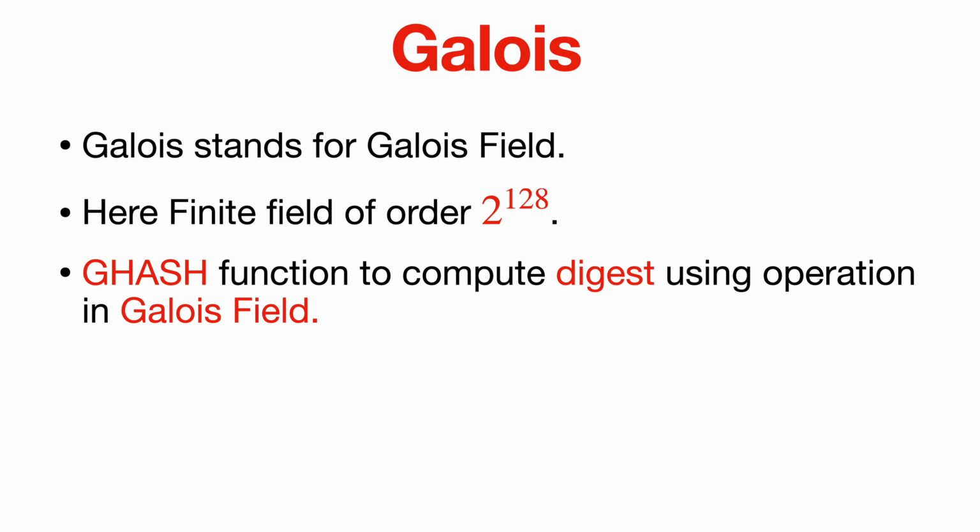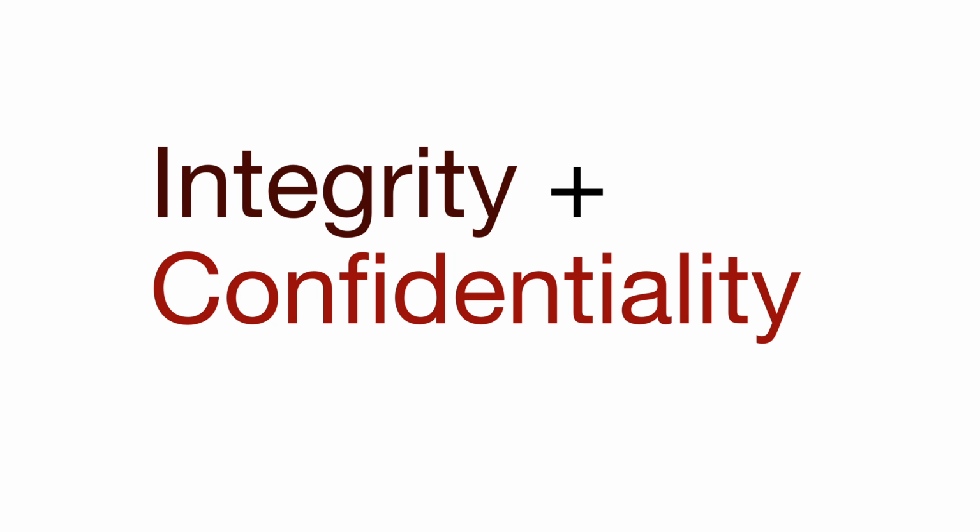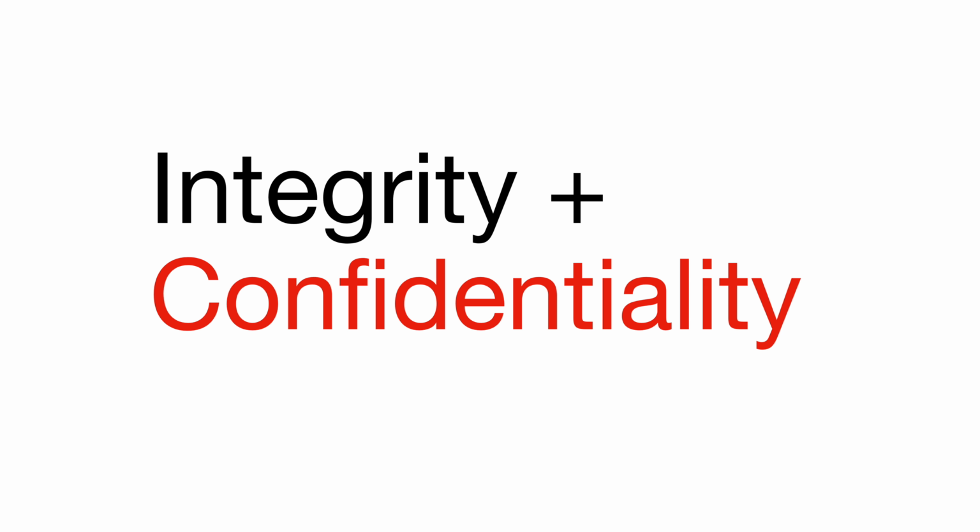Now the G hash function is used to compute a digest using operations in the Galois field. So this is a hash function which is being used over here. This GCM mode gives us two functionalities, that is integrity and confidentiality. So we get both in one go.